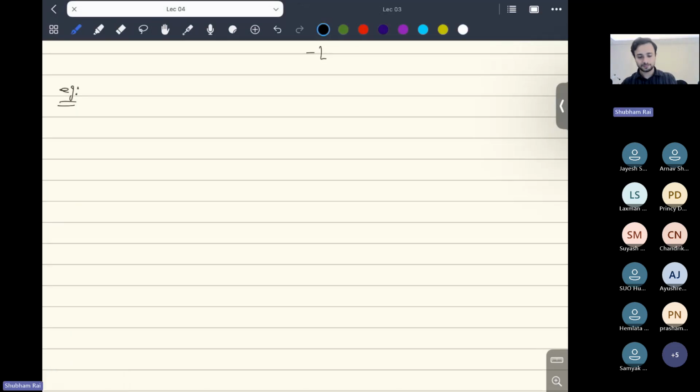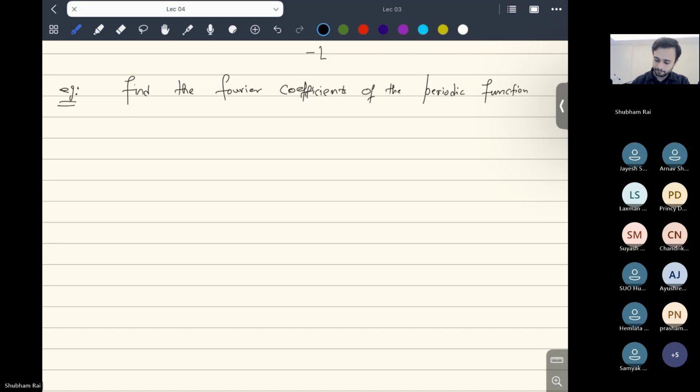Anyway, let me just do this. So I'm writing a question here. You have to find the Fourier coefficients of the periodic function f of x, where f of x is equal to minus k if x is from minus pi to 0, and k if x is from 0 to pi.